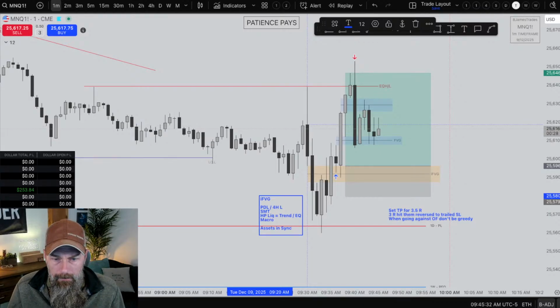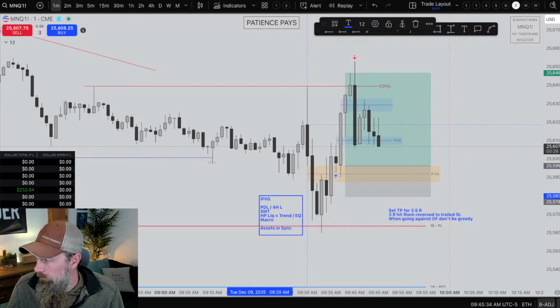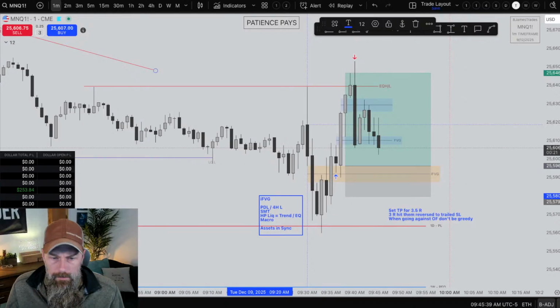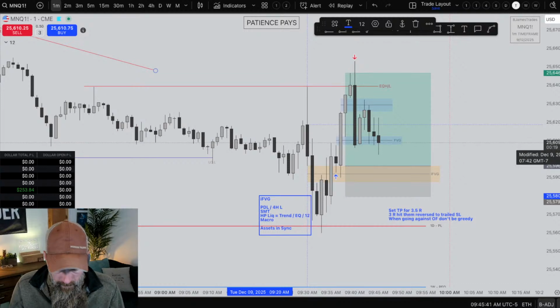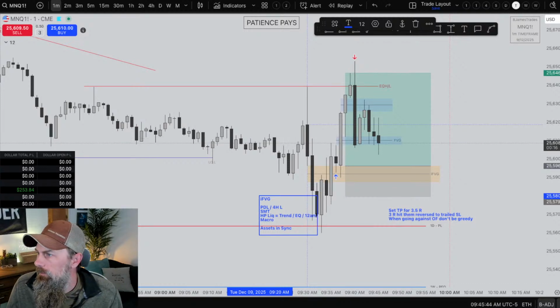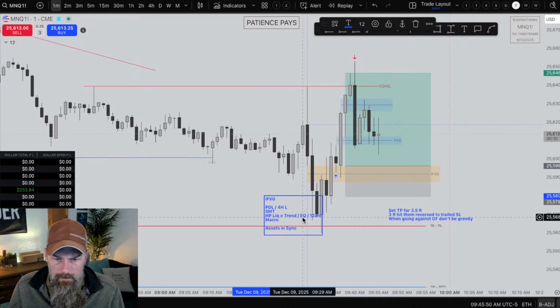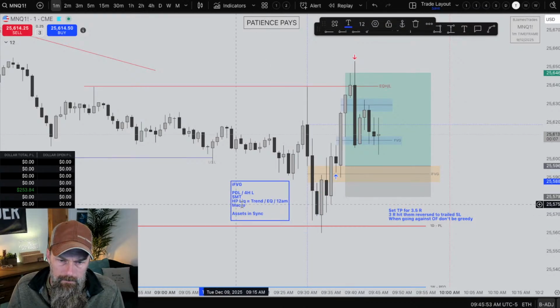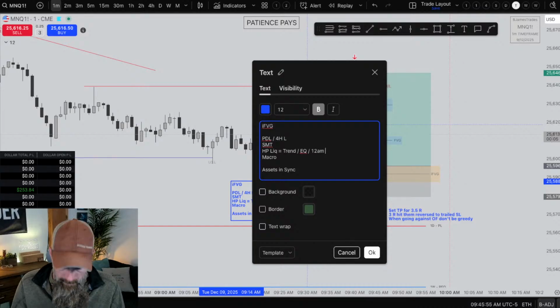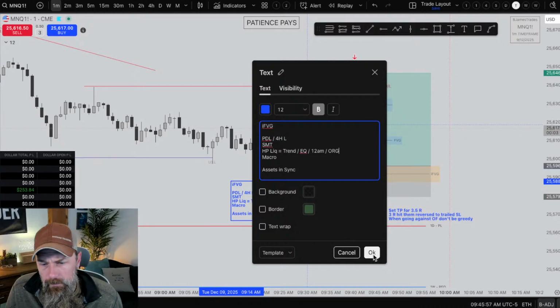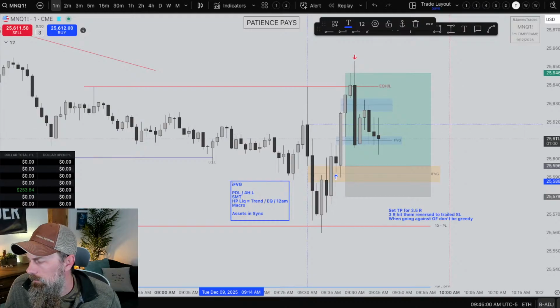We had 12 a.m. as a target. We had the opening range gap. Which, yeah, now looking at it, that makes sense.